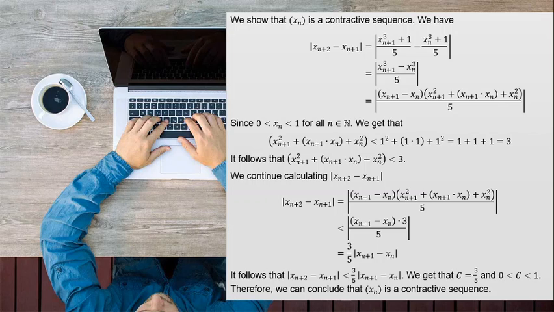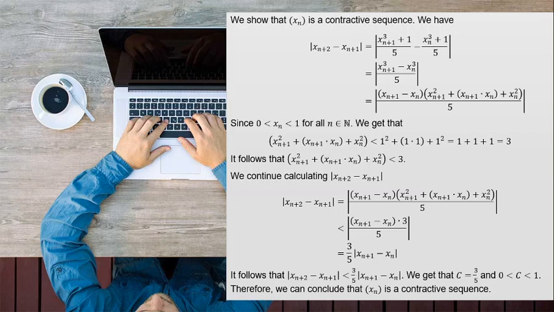It follows that x_{n+1}^2 + x_{n+1}x_n + x_n^2 < 3. Okay, we get this and we continue calculating the absolute value of x_{n+2} - x_{n+1}.